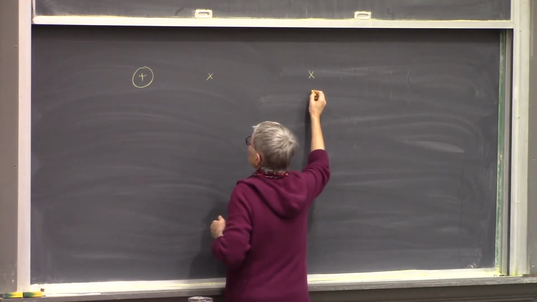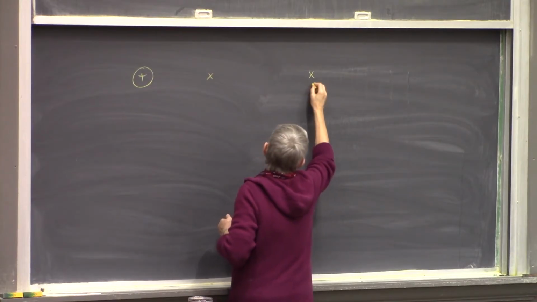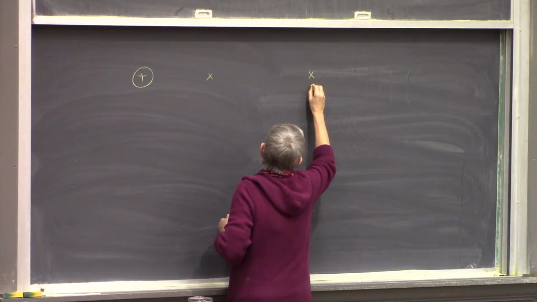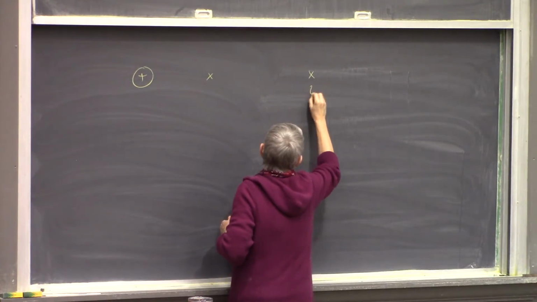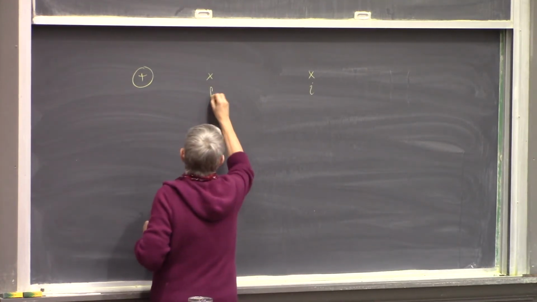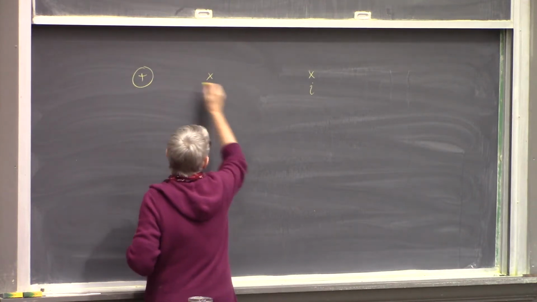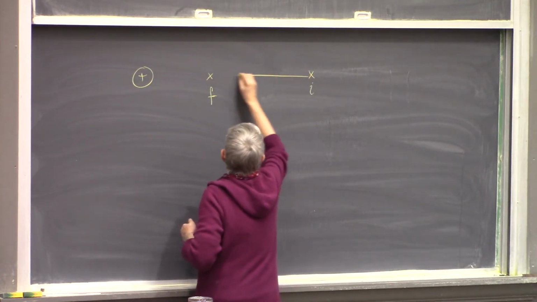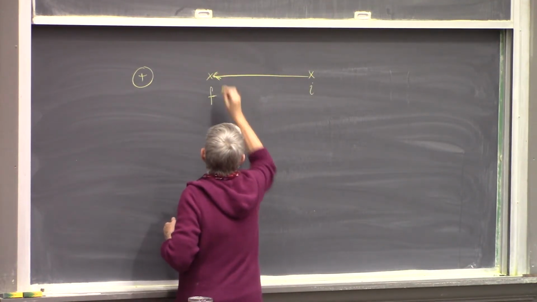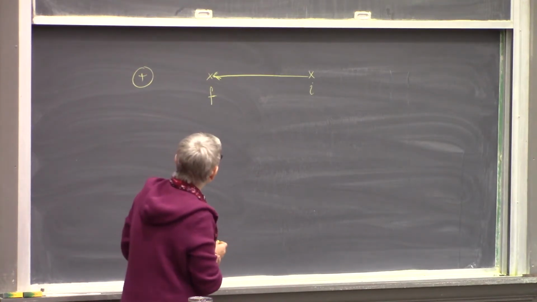Let's say this is our initial location, this is our final location, and we're just taking a path that moves in radially like that.